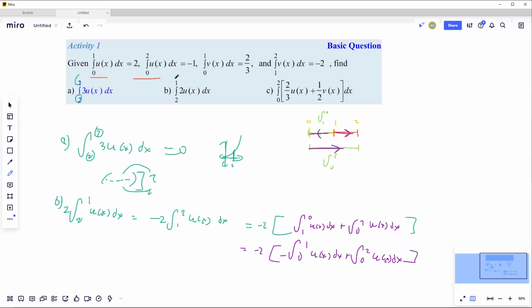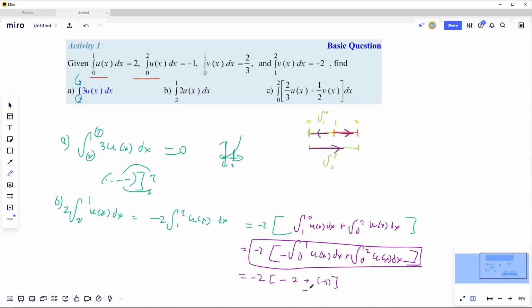They give you 2 to 1, so 1 to 2, again negative, and 2 times because they have 2. So we reached what we want. Just substitute for this one: minus 2 into minus from 0 to 1, 2, plus from 0 to 2, minus 1.